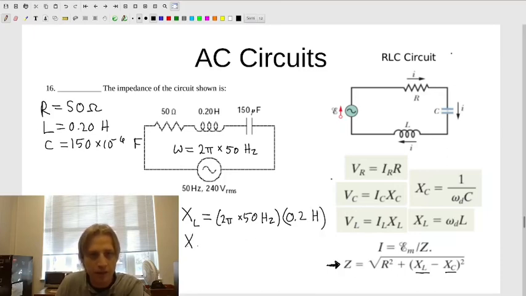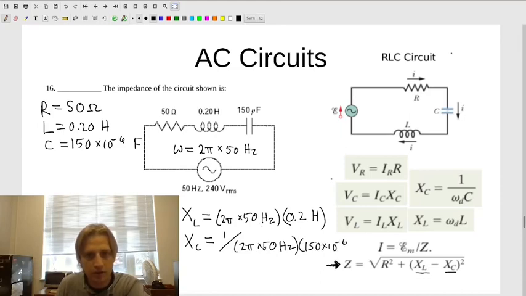And then our capacitive reactance would be 1 over 2 pi times 50 hertz times our capacitance in farads, 150 times 10 to the minus 6 farads.